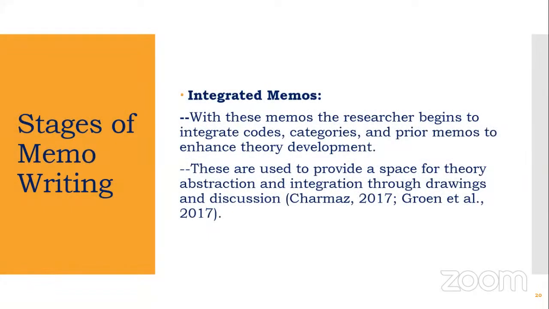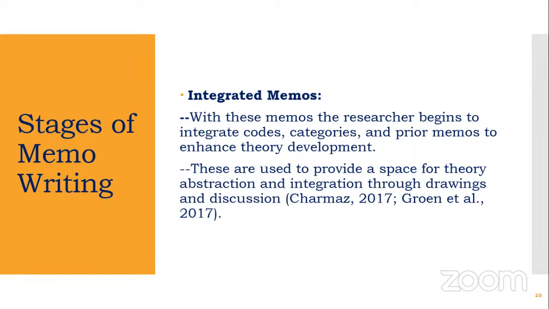Finally, integrated memos. With these memos, the researcher begins to integrate codes, categories, and prior memos to enhance the theory development. This is the third stage of memo writing, where we are now concerned about how to integrate the codes.